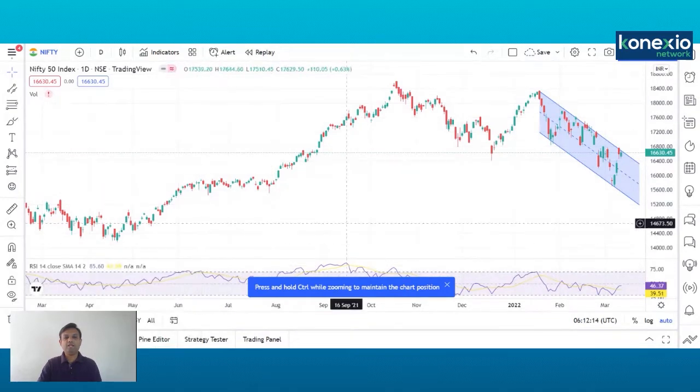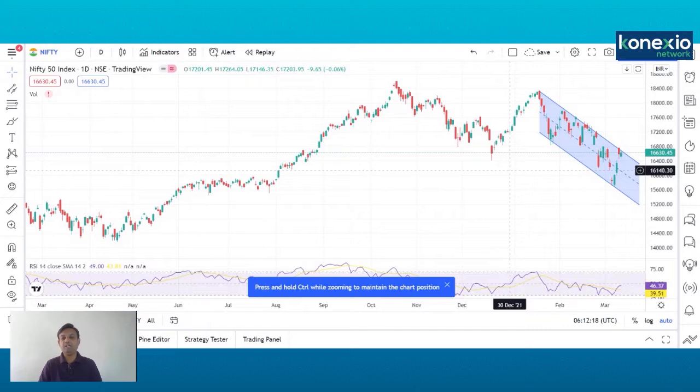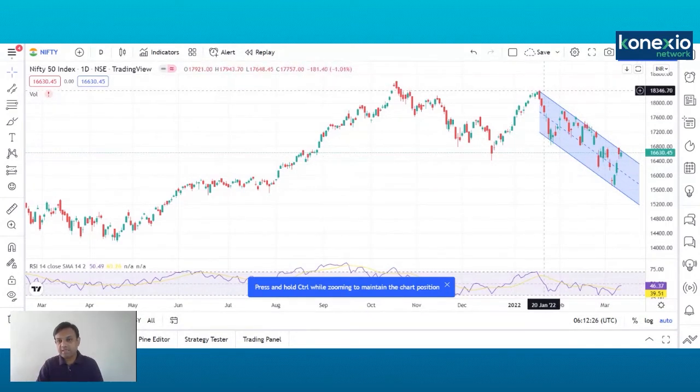So we feel that again Nifty is well poised to test the levels of 18,000 to 18,300. This is the area where we are expecting Nifty to retest those levels, maybe in the next 90 days.